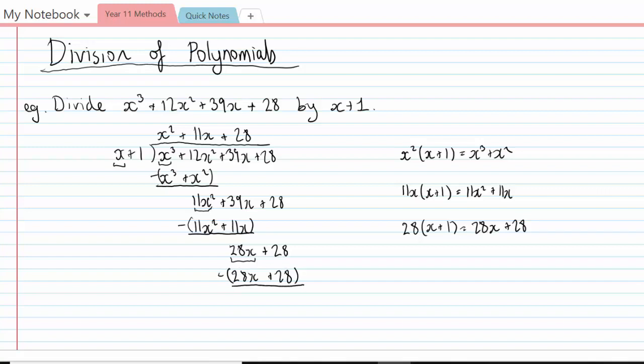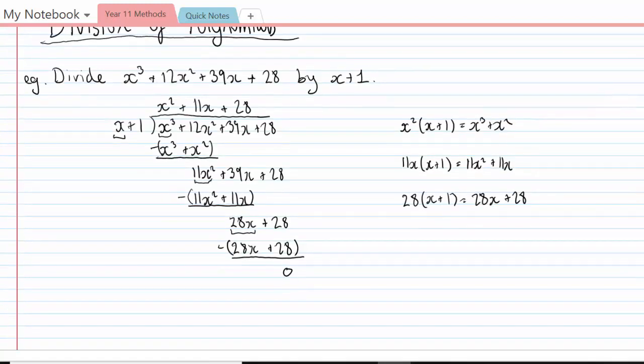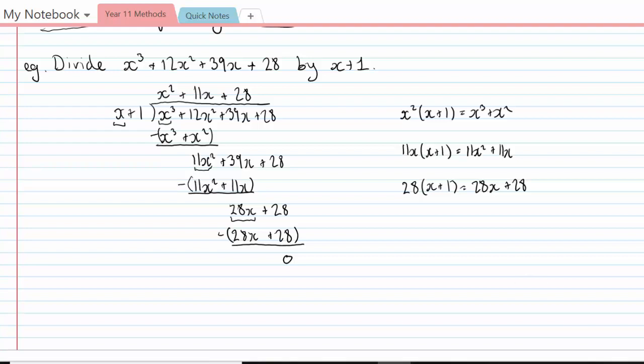28x minus 28x is nothing. 28 minus 28 is also nothing. So we've been left with a remainder of 0. And therefore, we can say, remember that this is our answer up here. So when we do x cubed plus 12x squared plus 39x plus 28, all divided by x plus 1, we are left with x squared plus 11x plus 28.